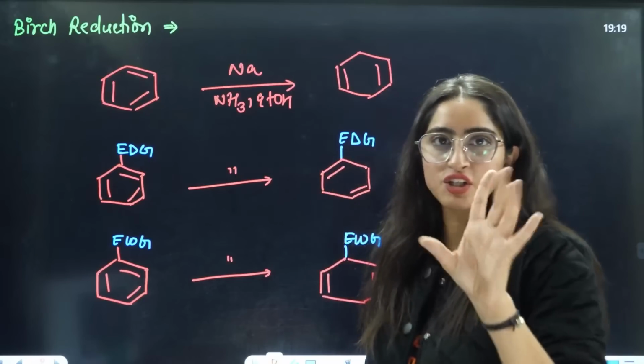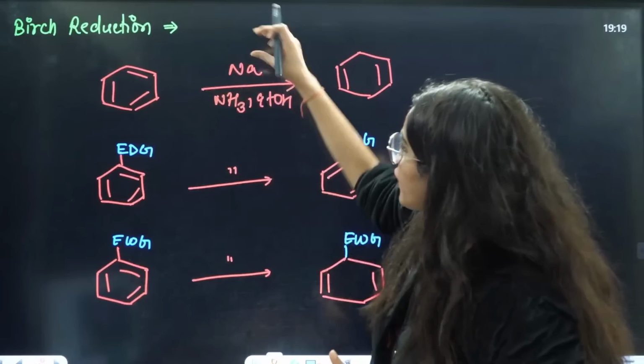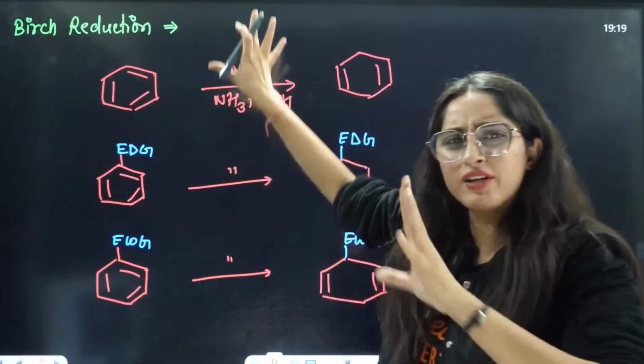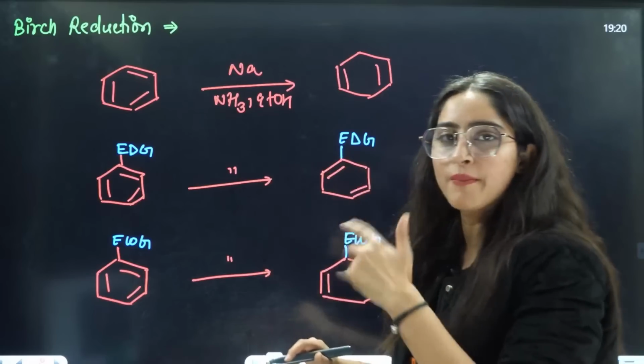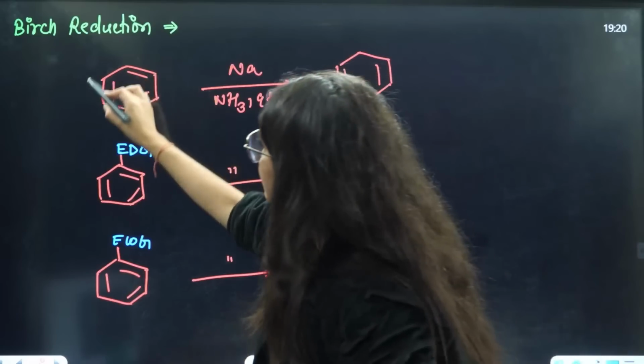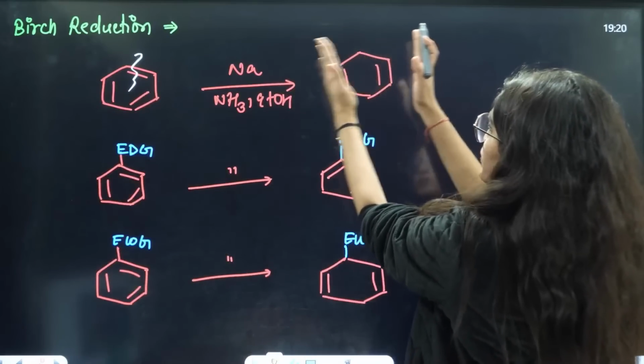Now, Birch reduction, see this, you have benzene. Here you have Na, NH3, everything is same. See, what will happen? Just remember the answer here. In benzene, one bond will break and you will have the double bonds on the opposite positions.